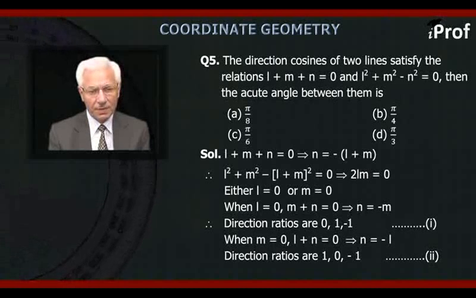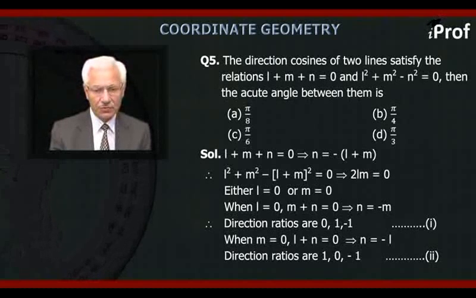Since l plus m plus n is equal to 0, n is equal to minus of l plus m. Substituting in the second, we get l square plus m square minus l plus m whole square is equal to 0. That gives us 2 times lm equal to 0, which shows either l is equal to 0 or m is equal to 0.